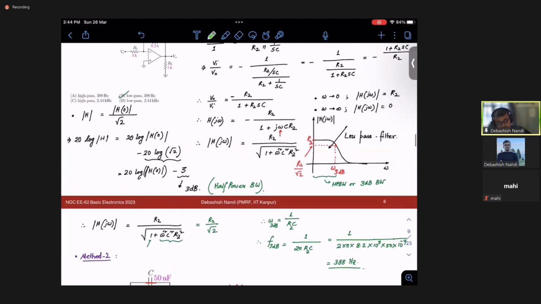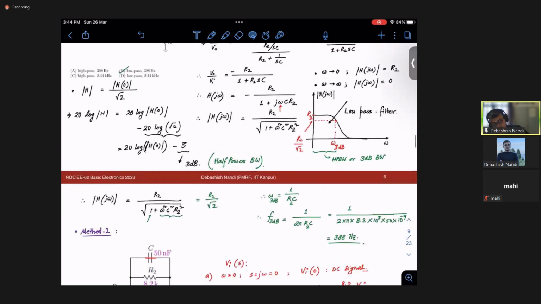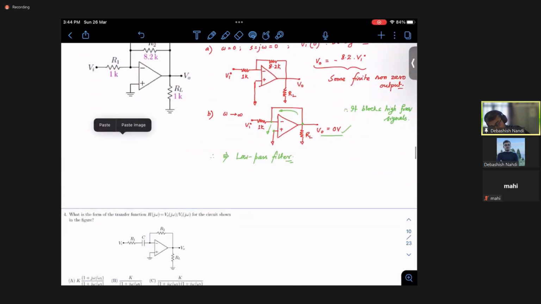Again, how to calculate this? So we got this expression, right, from the Laplace transform. So what is the solution of this? S equal to 1 over R2C, and that is nothing but your pole location, right?